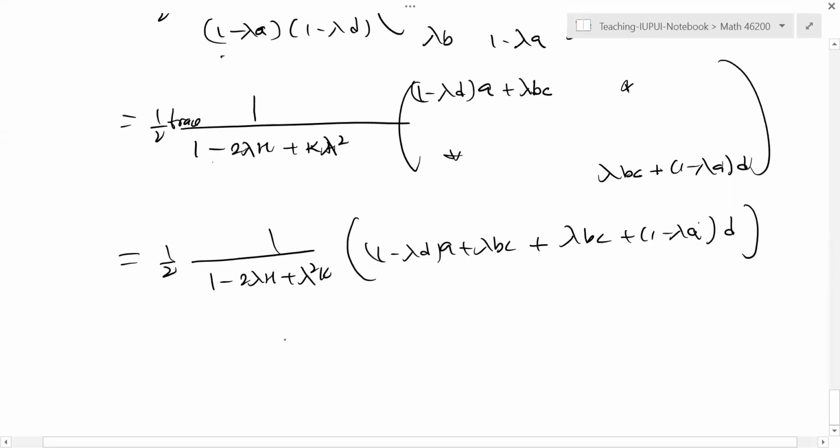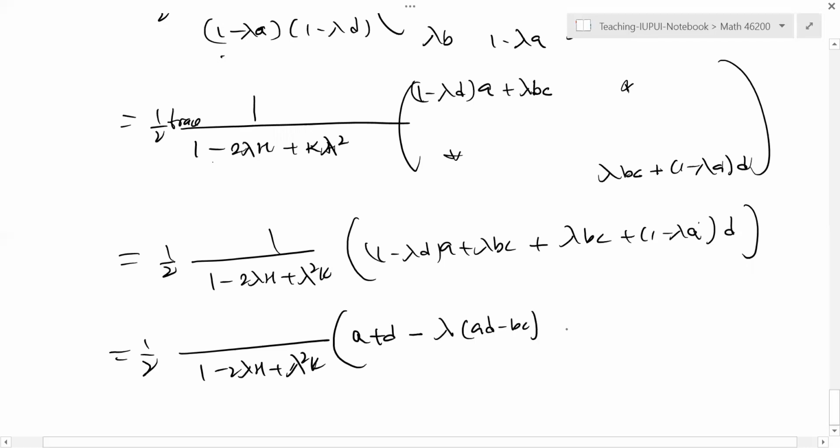Okay, let's do the computation. All right, so here I have A plus D, no problem. Then I have minus lambda (AD minus BC), then I also have minus lambda (AD minus BC).